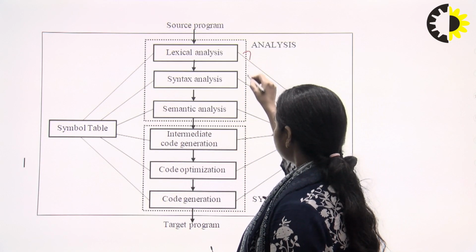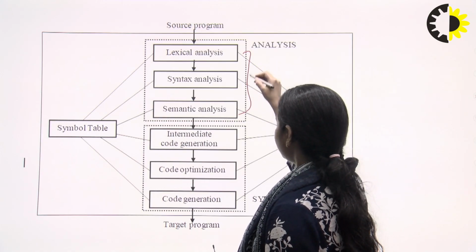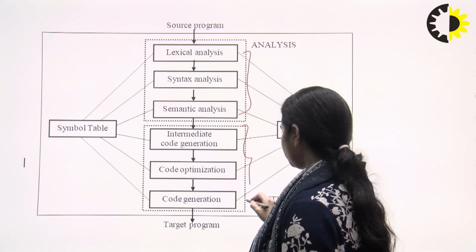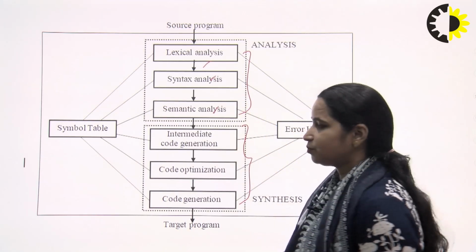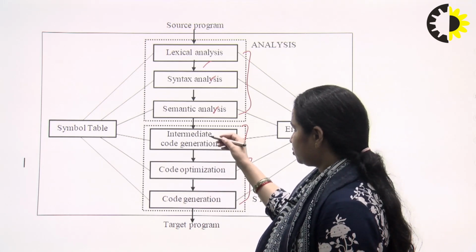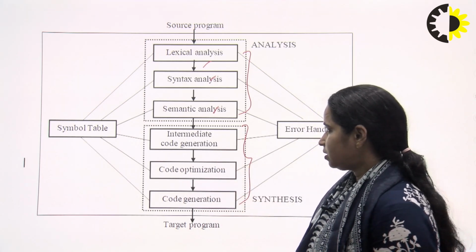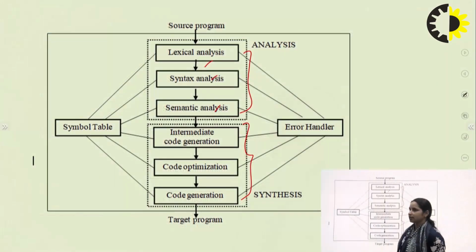These phases are said to be the analysis phase, and these phases are said to be the synthesis phase. These phases have been discussed in the previous lecture, and today we will be discussing these next three phases, which are the synthesis part of the compiler.